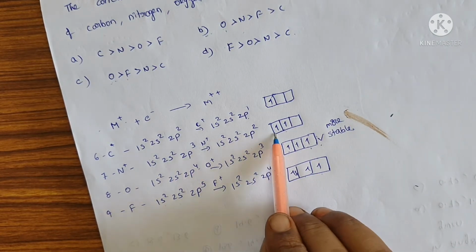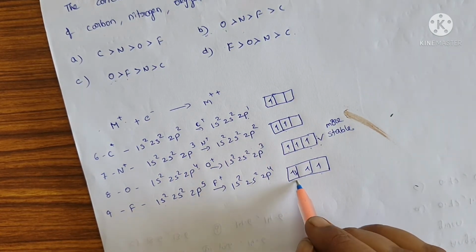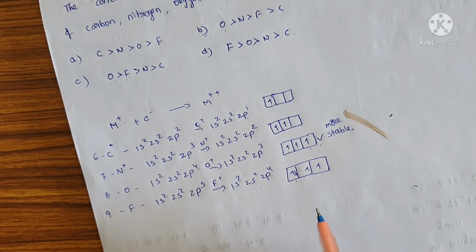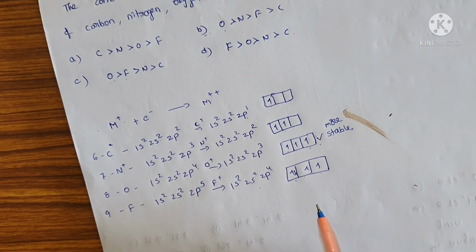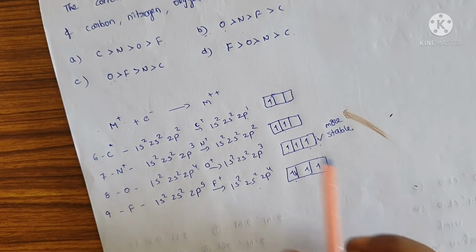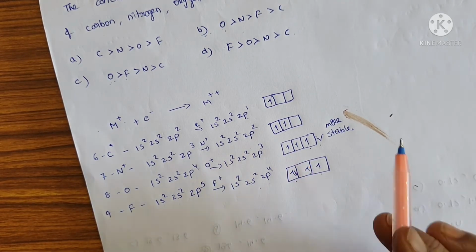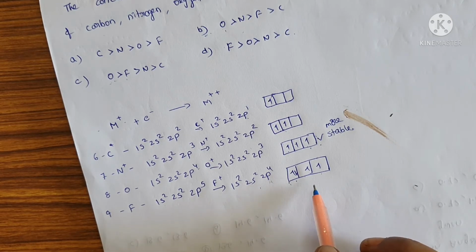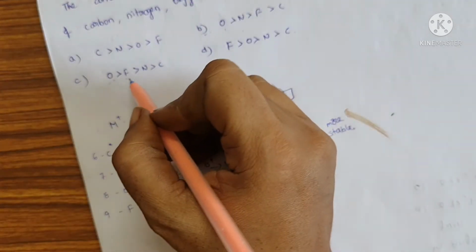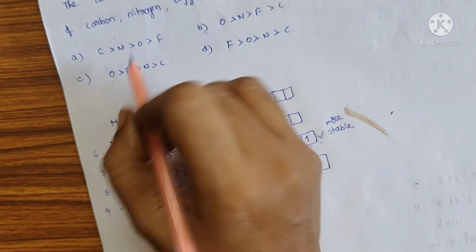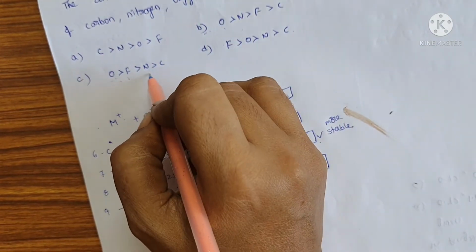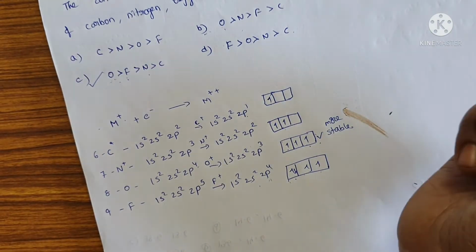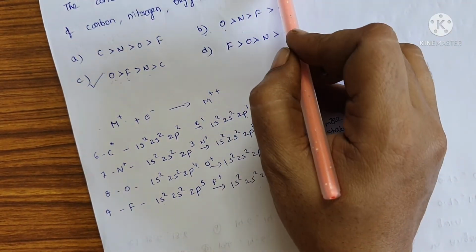Fluorine is more electronegative, and nitrogen also has a small charge, but fluorine has more electronegativity. So fluorine has a higher second ionization potential than nitrogen. So option C is the correct answer.